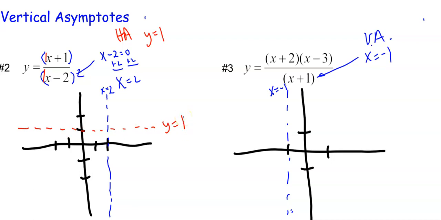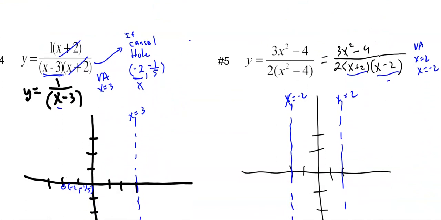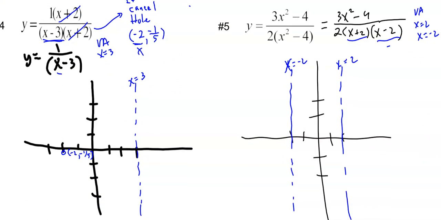And let's go ahead and go to the next steps here. Let's just find the asymptotes and then we'll go from there. We'll come back to these. Okay, so let's just go through all the asymptotes. This is top heavy, x squared over x. So there's no ha. Oh, that's tough. It's not very nice when they don't have a horizontal asymptote. This one is bottom heavy, 1 over x minus 3. So there is going to be one at y equals 0, whenever it's bottom heavy. So y equals 0.